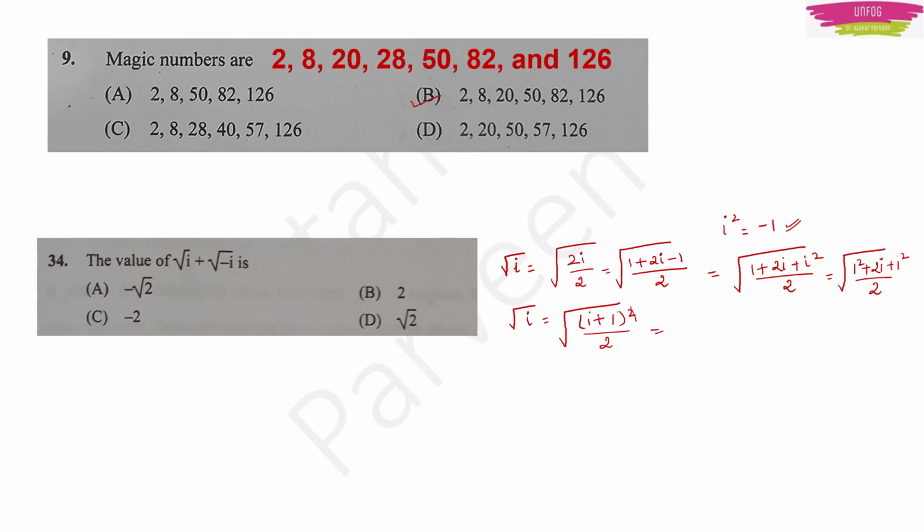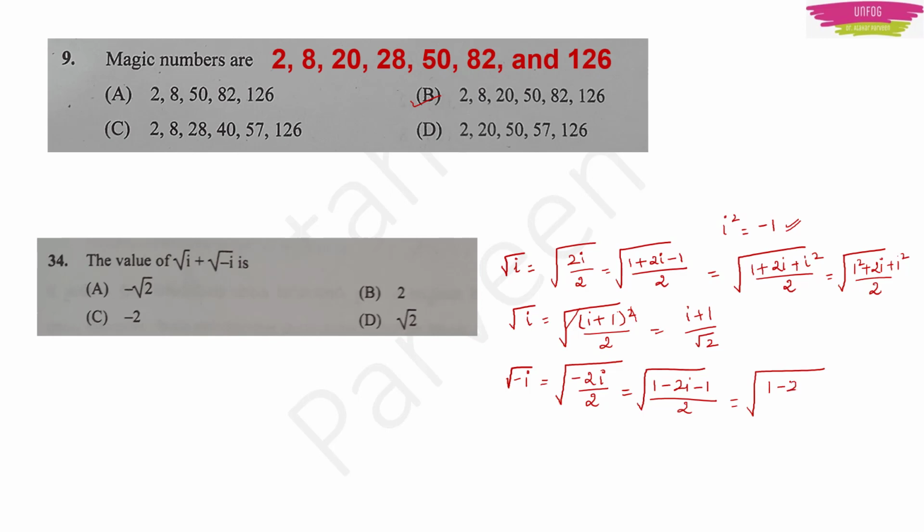Now this square and square root get cancelled from the numerator and it will be i plus 1 by root of 2. In the same manner, I can solve for square root of minus i. This can be written as, again, if I add and subtract 1, 1 minus 2i minus 1 by 2, or I can write minus 1 as i square because i square is minus 1.